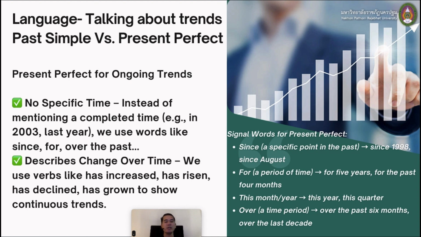So we use verbs like has increased, has risen, has declined, has grown, and much more. The signal words for present perfect are since 1998, for this month, this year, over a period of time, over the last decades, over the past 6 months, something like this. This is about the trends.